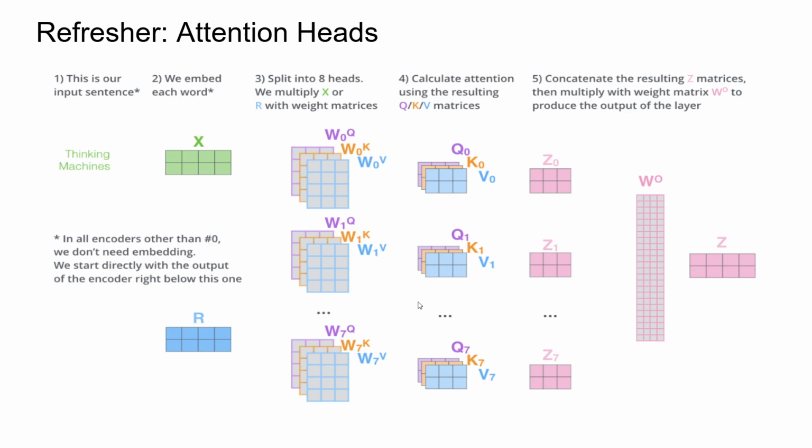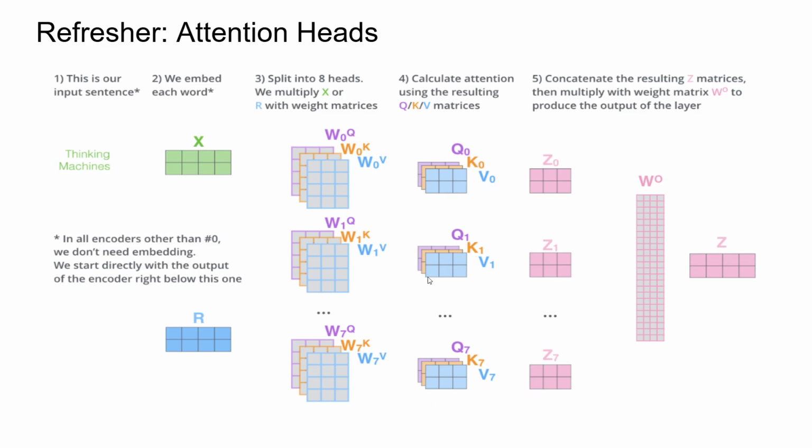And this is the entire picture. You have a sentence, you embed each word, so "thinking" and "machines" become two different words. Then you split it into heads; if you have 8 heads, you multiply X with each and every one of these matrices, Q, K, and V. For each of those heads, you get a query, key and value.